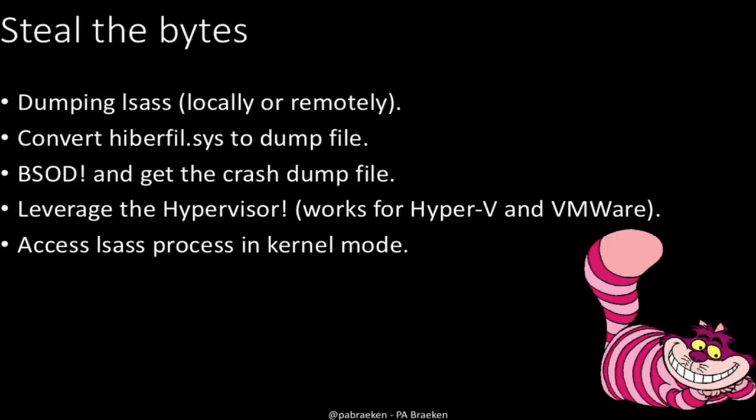This point is pretty much the most interesting, because I will show you after, but basically if you are just an operator on Hyper-V or VMware, you have more rights than a domain administrator in this network. And also, if you have kernel mode access, you can directly access the LSASS process and you have no need to dump the memory, but just access the information you need.